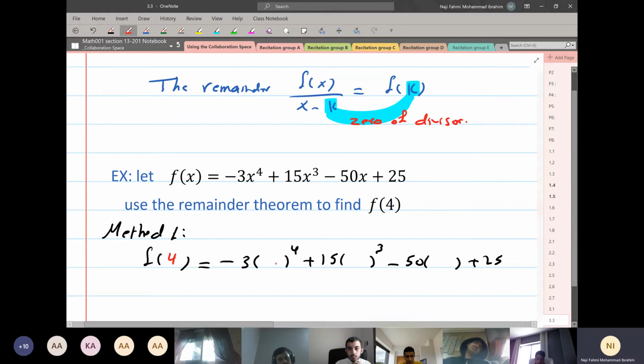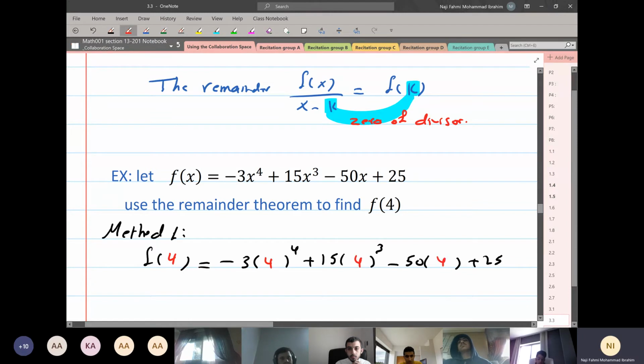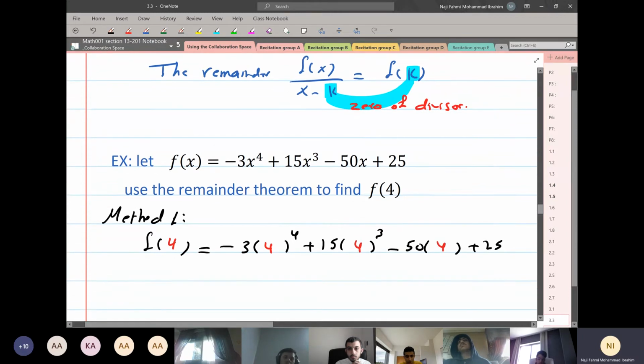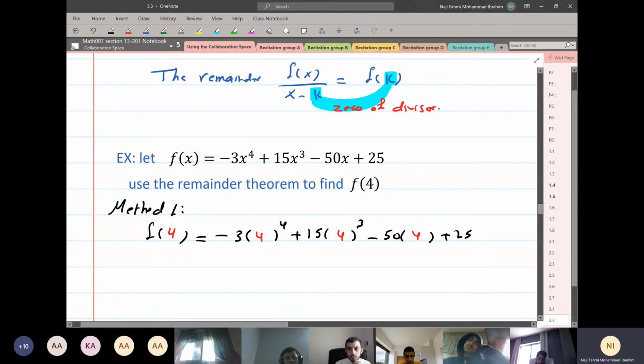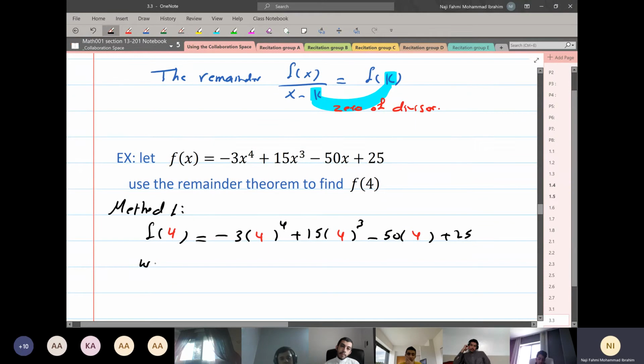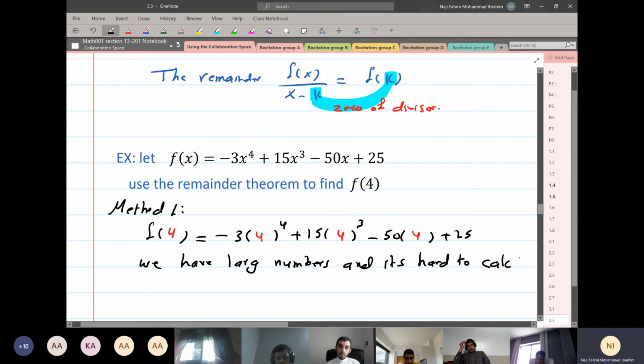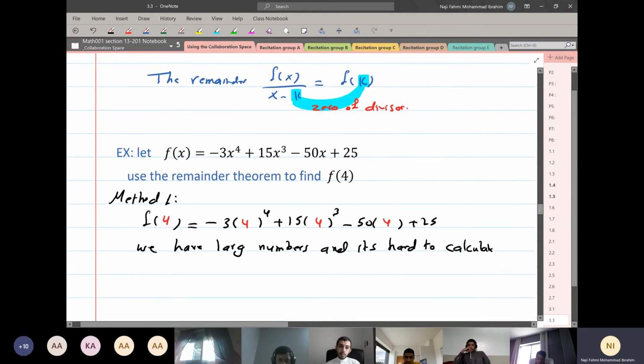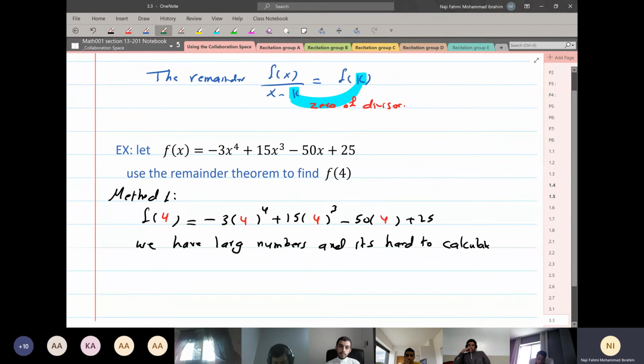So can I substitute 4 here? But as you can see, how much is 4 to the power 4? 256. So we have large numbers, and it's hard to calculate. So that's why we will introduce the second method.